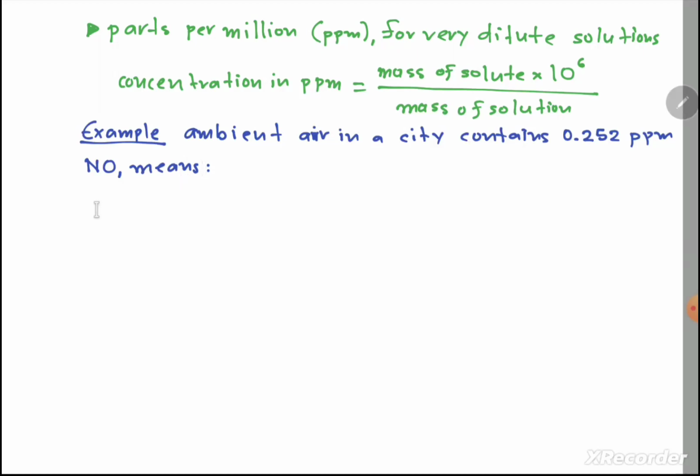It means that if we have 10⁶ grams of air, it contains 0.252 grams of nitrogen oxide.